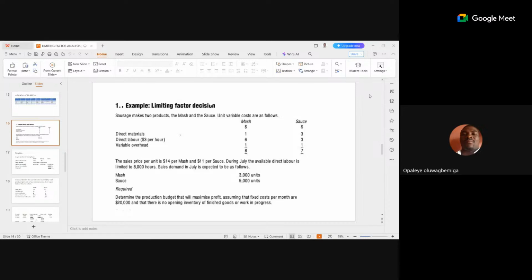Required: determine the production budget that will maximize profit, assuming that fixed costs per month are $20,000 and that there is no opening inventory of finished goods or work in progress.